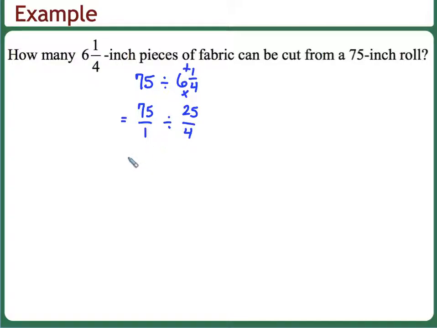Alright, so now I can keep the 75 over 1. I'm going to change division into multiplication. I'm going to flip to the reciprocal of 25/4, which is 4/25. There's some nice simplification that can go here. 25 and 75 are both divisible by 25, and that makes this super nice.